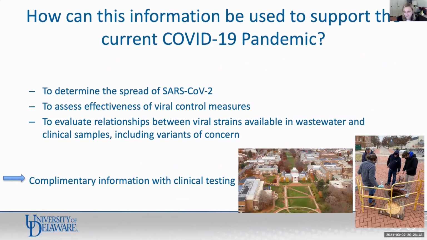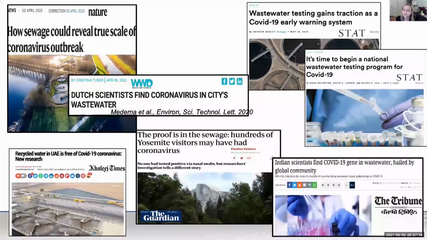Here's a picture of the University of Delaware campus and some of my group outside of one of the residence halls trying to place one of our samplers one day and making sure that we were getting the best sample that we could. And really, this information is very useful, but it's more useful when it's used as a complementary approach to clinical testing. And so I think that piece is really important, especially in small catchments.